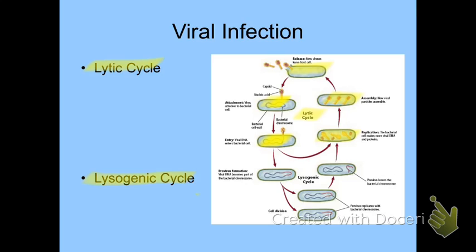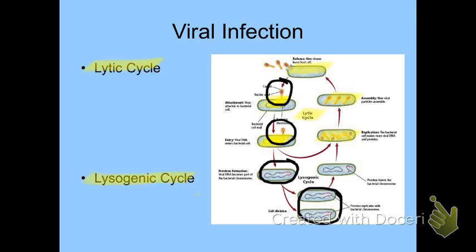The lysogenic cycle is when the same thing happens to start: the virus attaches itself to the outside of the cell. It injects its DNA in, but in this case the DNA becomes part of the host cell DNA, and that viral DNA gets copied with the host cell DNA.